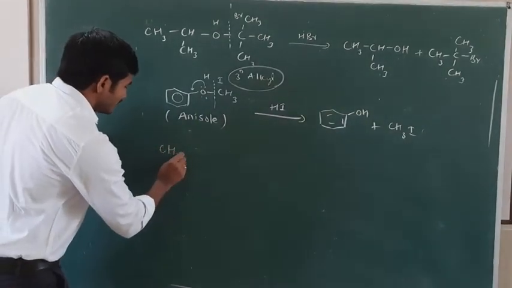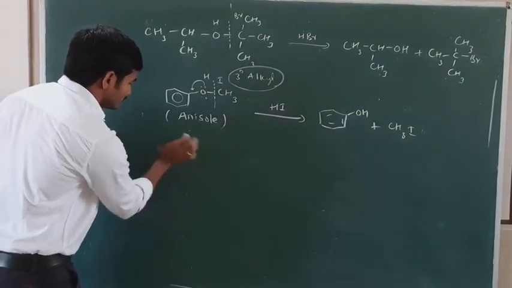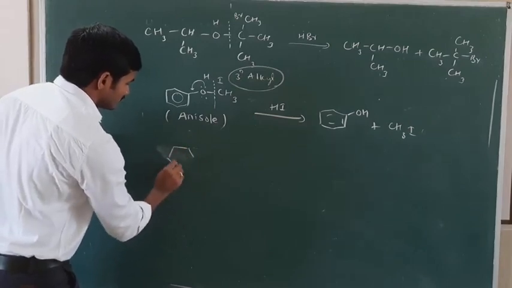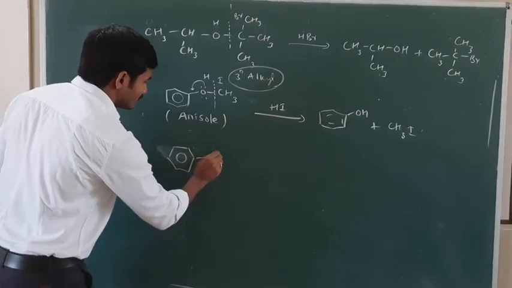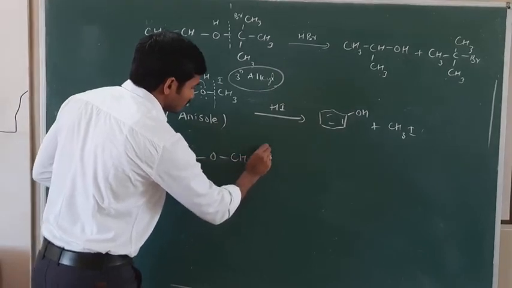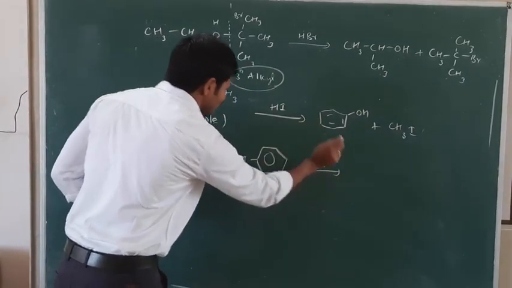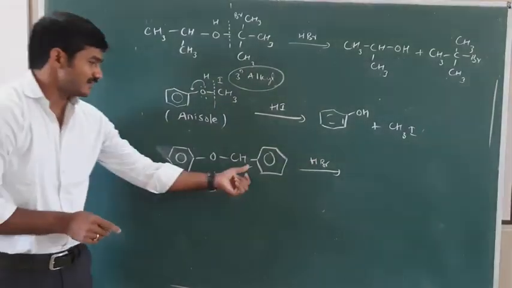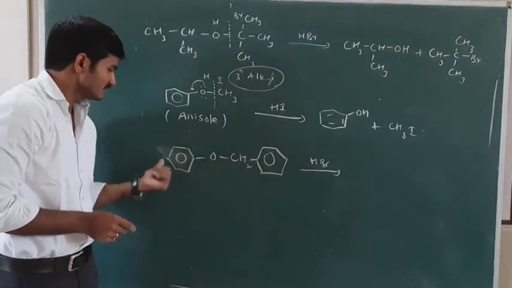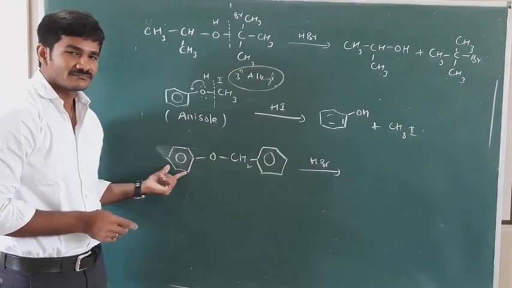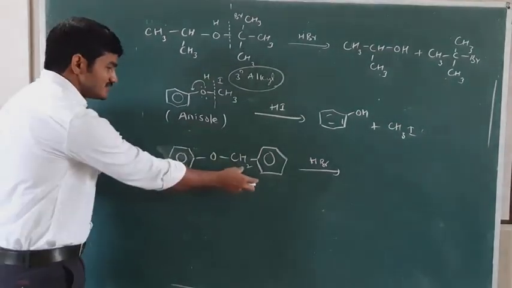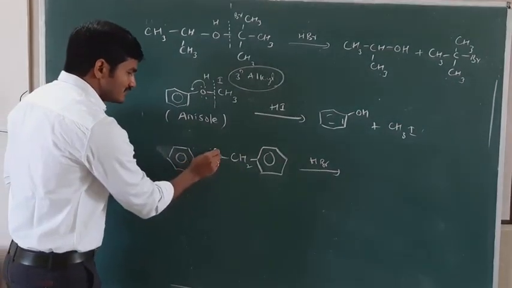Another example, CH3O-CH2 attached to a phenyl ring. If I take HBr, observe this one. This is a benzyl group, this is an aromatic ring, a phenyl ring, where we can see the resonance.